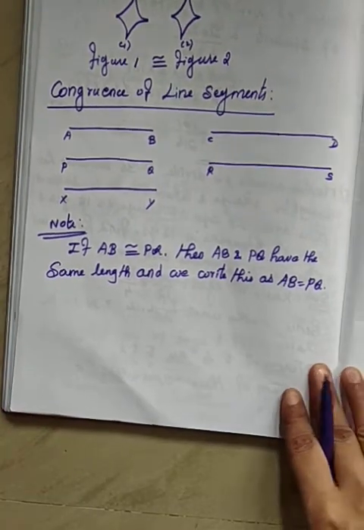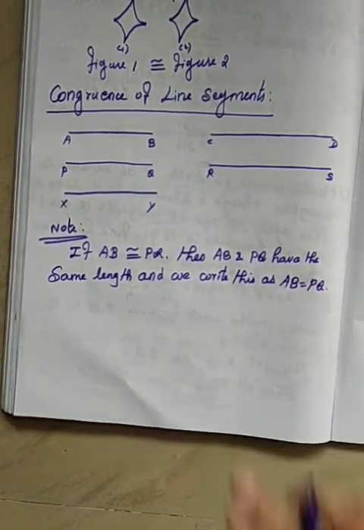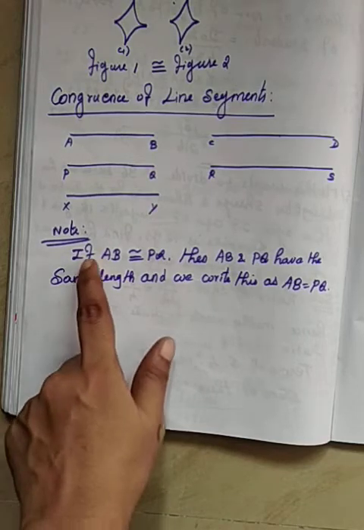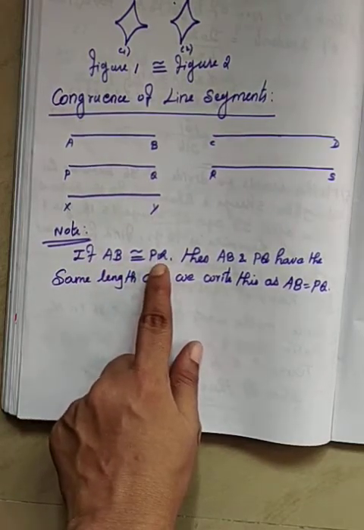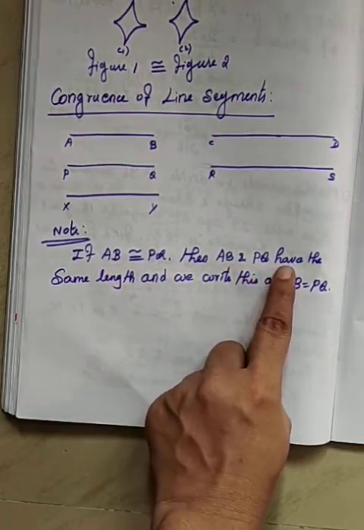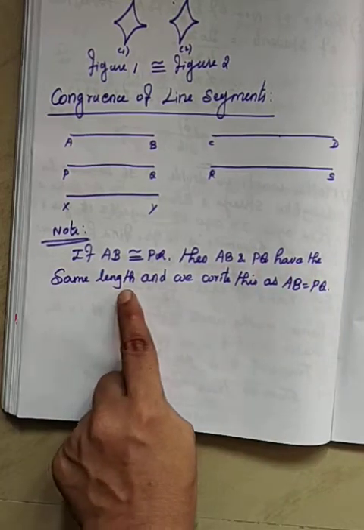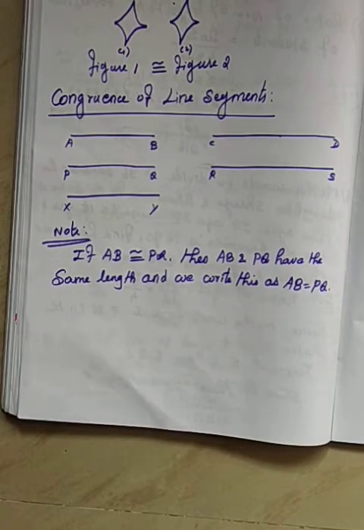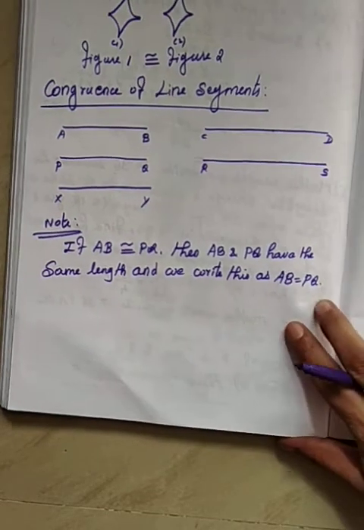Congruence means we can denote it by the equal to symbol.